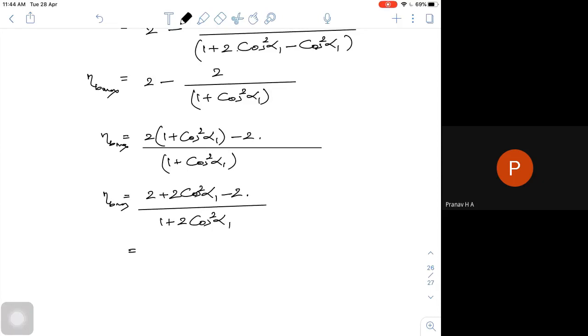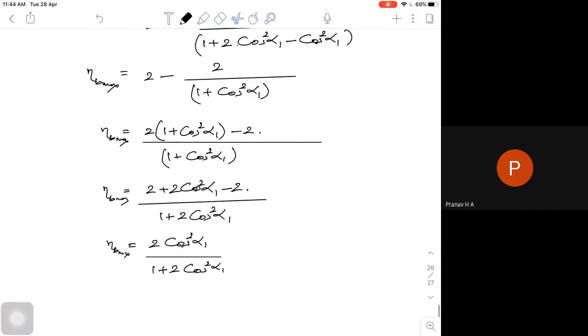So the 2 just goes off. I'm left with 2 cos square alpha 1 divided by 1 plus 2 cos square alpha 1. This is the maximum efficiency.